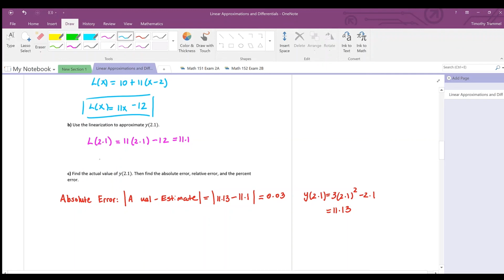And then next, we have our relative error. And this is really just your absolute error over the actual value.